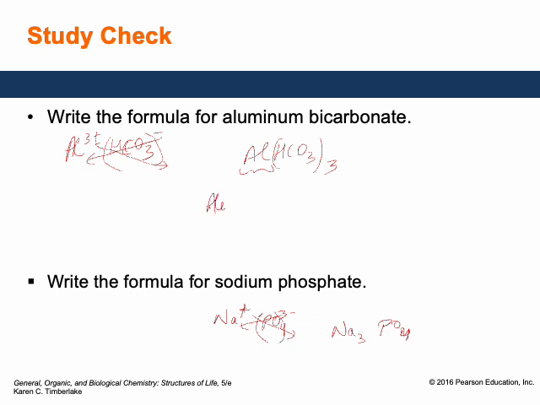So you can basically write aluminum, and this you know is bicarbonate ion or hydrogen carbonate ion. Again, this is something you have memorized, so you put the name of the metal followed by the name of the polyatomic ion, just like we were doing before. So this would be aluminum bicarbonate.